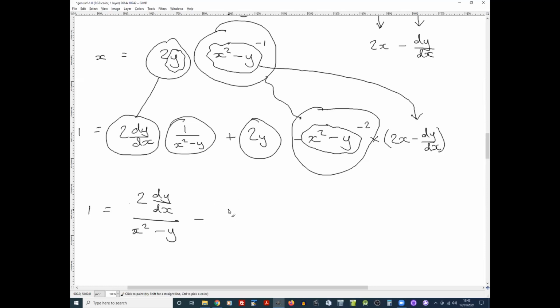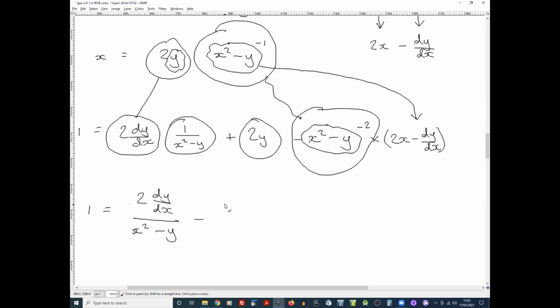Okay. Well. Minus what? Minus 4xy minus 2y dy dx over x squared minus y. Oh, yeah, I think you got it right. Sorry, can you start again? This whole fraction?